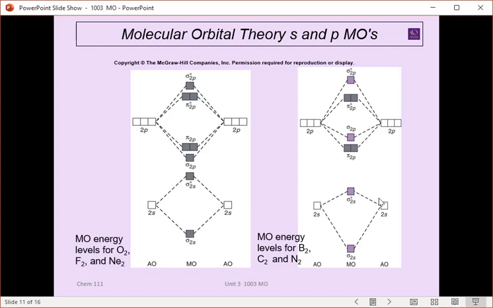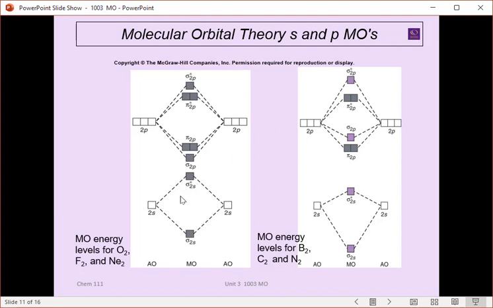They each have 2 s's, so they do what we think, one bonding, one anti-bonding. But when it comes to the p's, the pi's go a little lower in energy than the sigmas, and then that configuration where the 2 pi becomes the anti-bonding, it doesn't really mirror, but it replicates above.